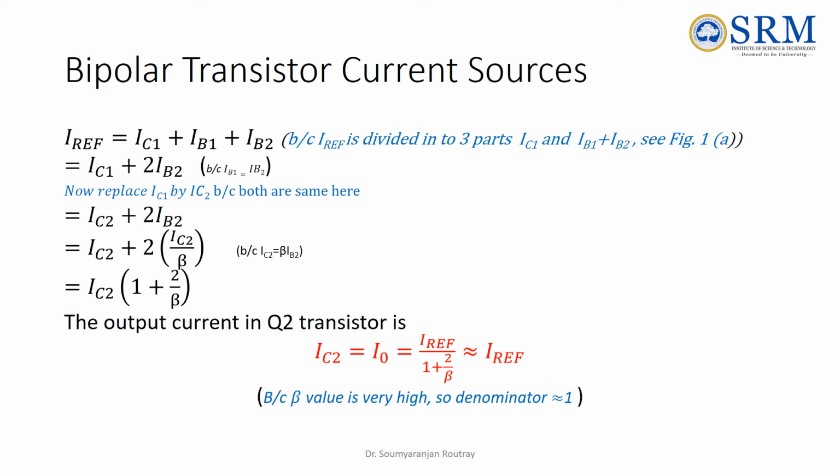So if we take beta as 100, then 2 by 100 is very small, 0.002, and 1 plus 0.002 is almost the same as 1. So we can write it is nearly equal to I reference. Hence we can say IC2 is equal to I naught.